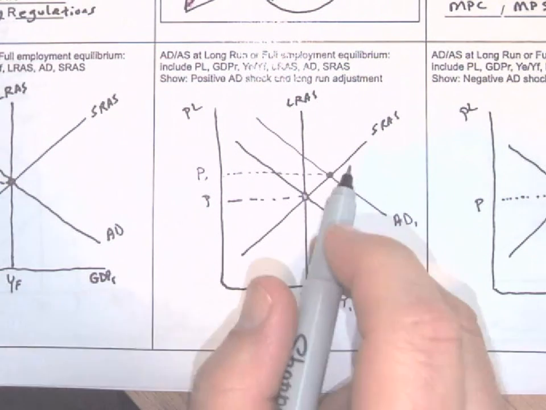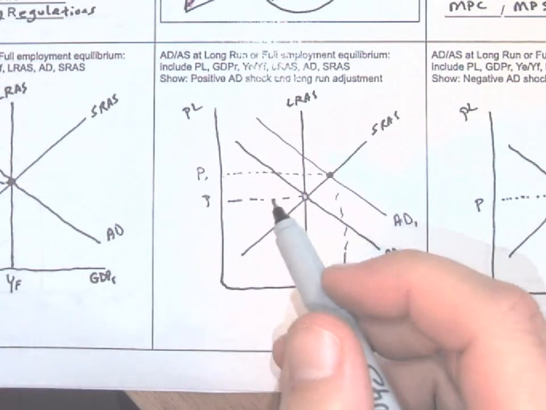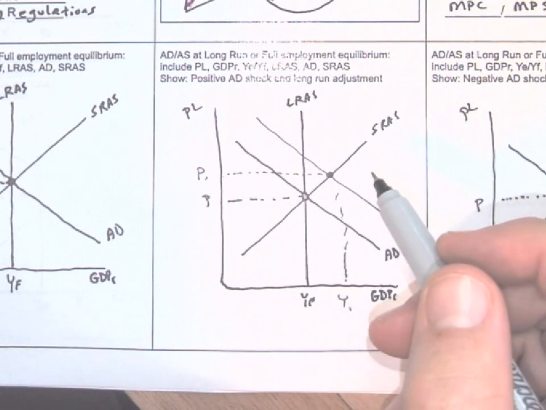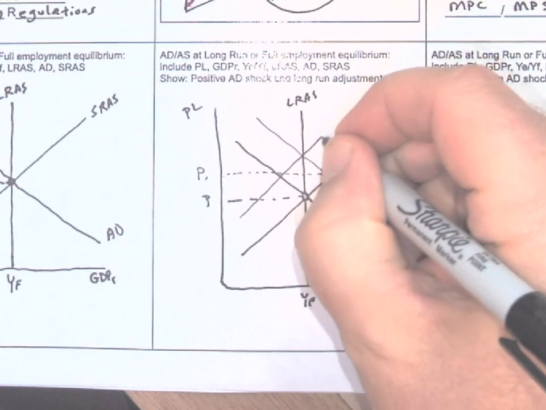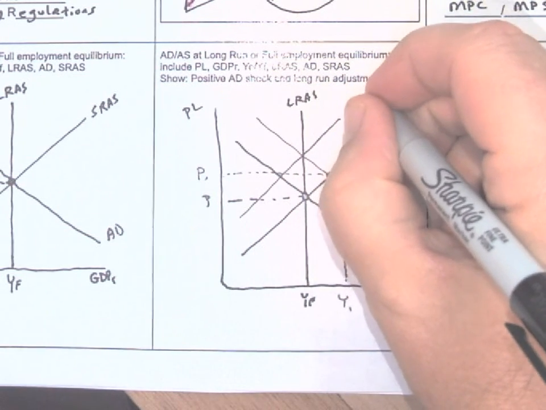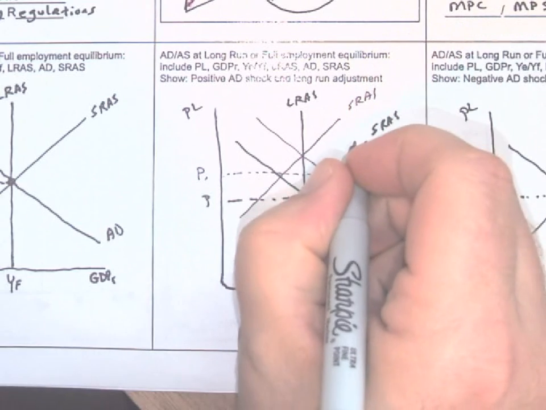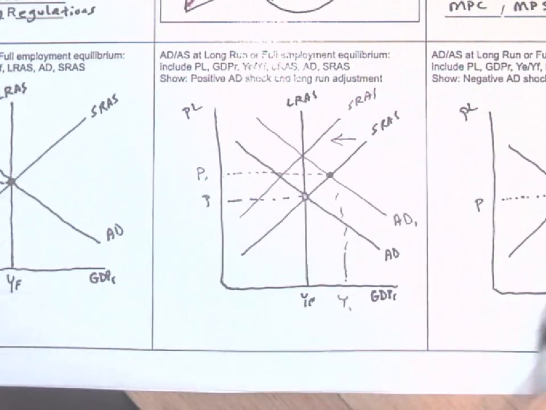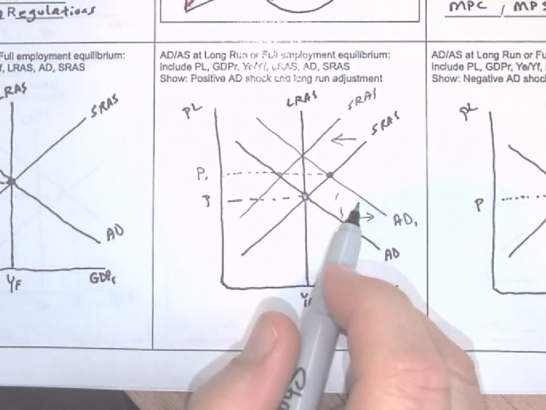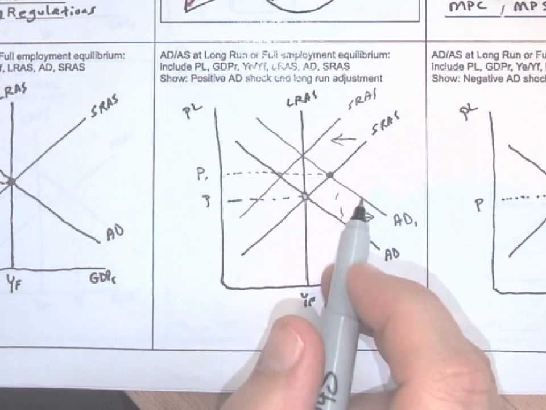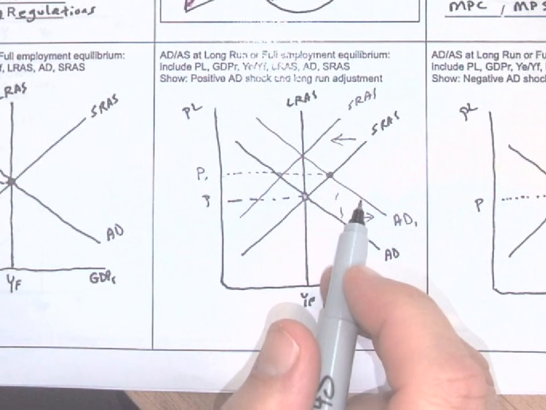Now, once workers start to realize that prices around them are going up, they're going to go in and ask for a raise, aren't they? When they ask for those raises, that is going to put us into a long-run adjustment. We have our initial aggregate demand shift to the right, and then as the workers in the economy see the high prices everywhere, they're going to ask for higher wages.